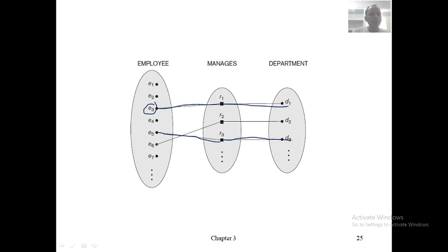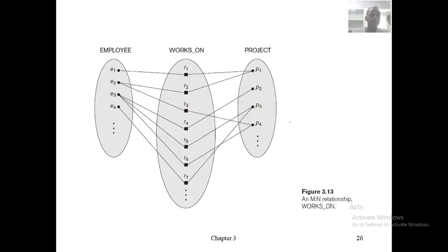Employee 6 manages department number 2. Like this. So this is again a binary relationship. Employee and department are the two participating entity types, and the relationship type is manages. Got it?